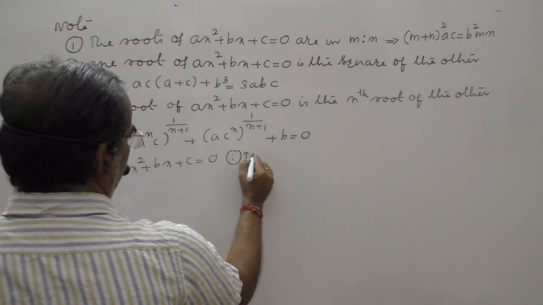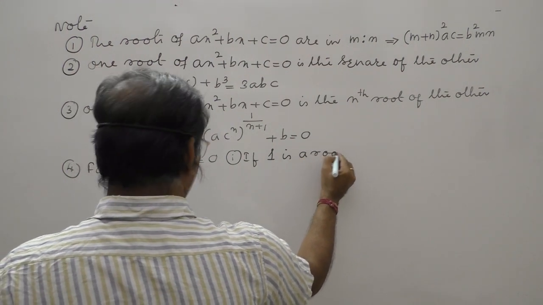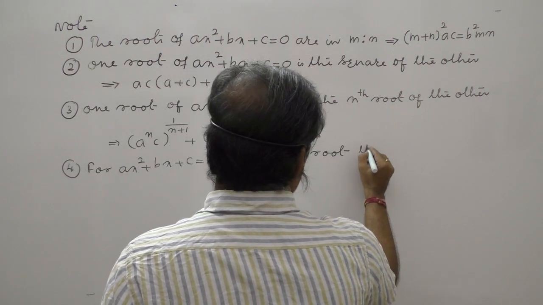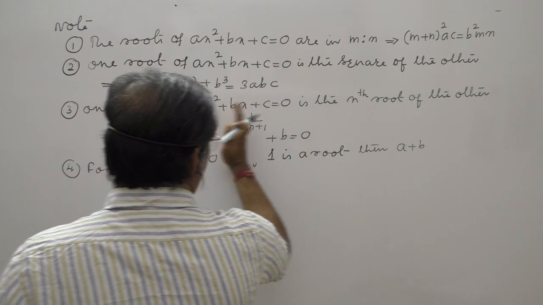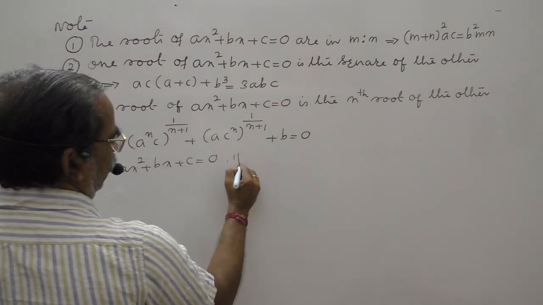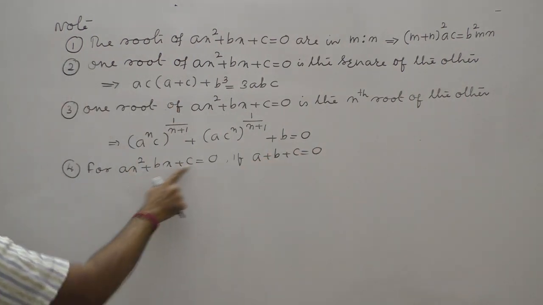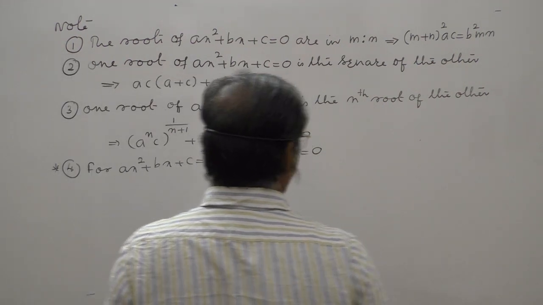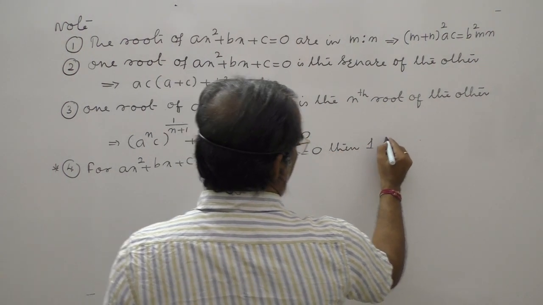Number 1, if unity is a root, or in other words, for this quadratic equation, if a plus b plus c is 0, this is an important one. If the sum of the coefficients is 0, then unity 1 is a root.